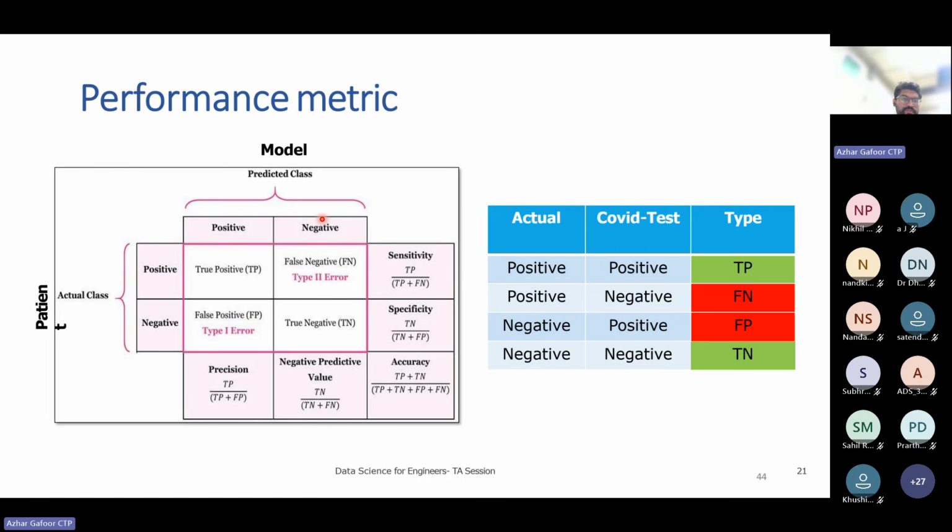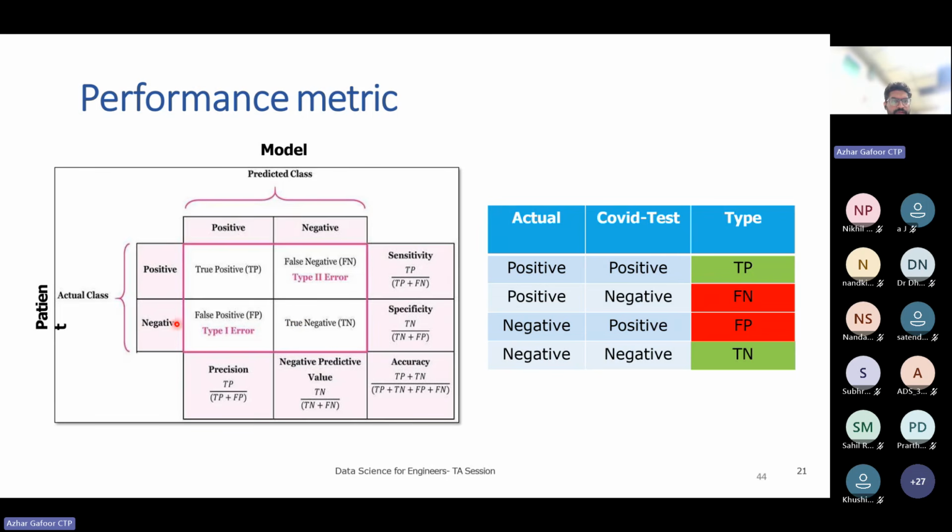So this matrix is usually called the confusion matrix. Here we have the actual class, positive or negative, and the predicted class, again positive and negative. If an actual positive is predicted as positive, it is called a true positive. If an actual negative is predicted as negative, it is a true negative.